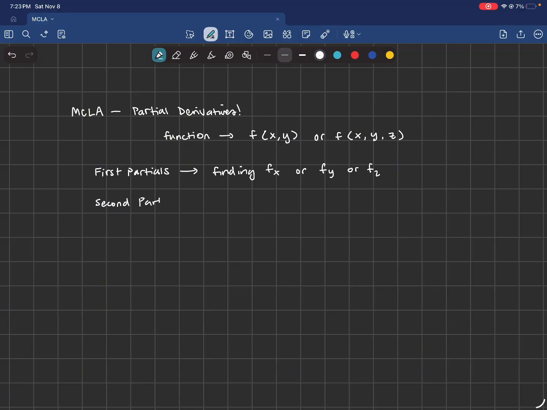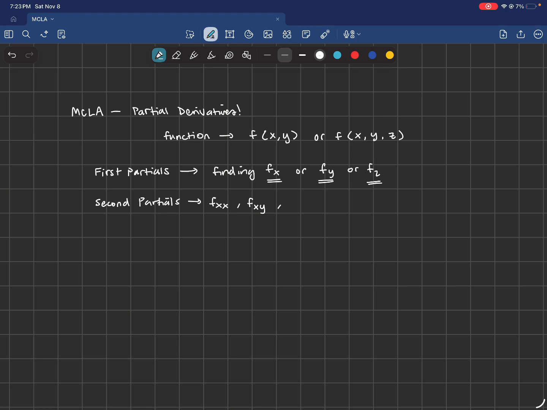If you were to find second partials, this means that you would need to take each one of these and find each of those with respect to the variables that are in the original function. I would need to find the derivative of f_x with respect to x, and then I would also need to find the same thing but with respect to y.